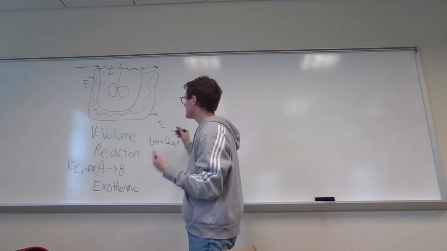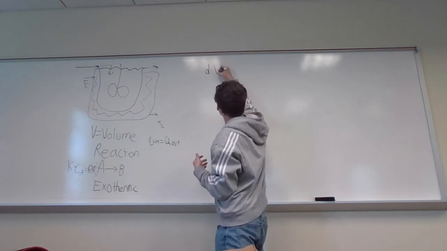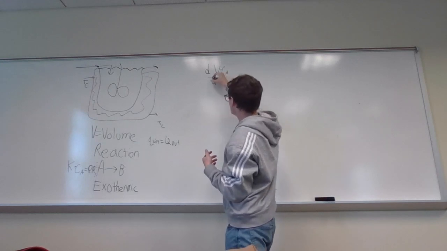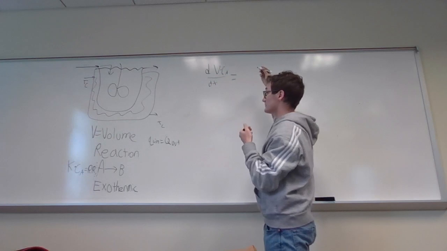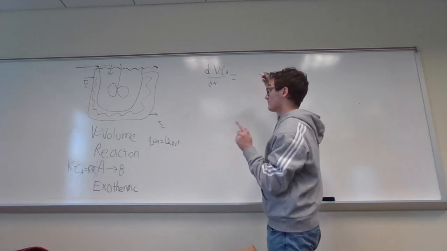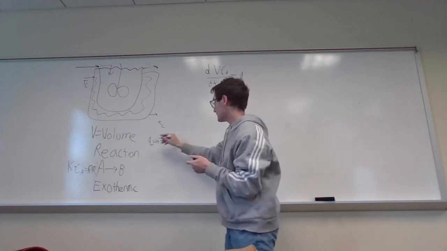So let's start writing our material balance. We have d(V times Ca)/dt equals the material coming in minus the material coming out minus the material reacted. We're going to call this just generic Q, because Q in equals Q out.